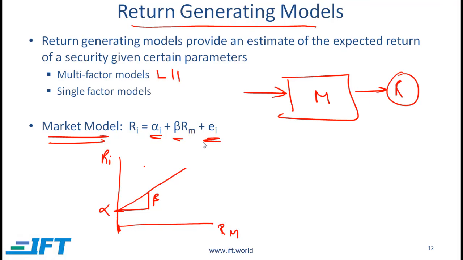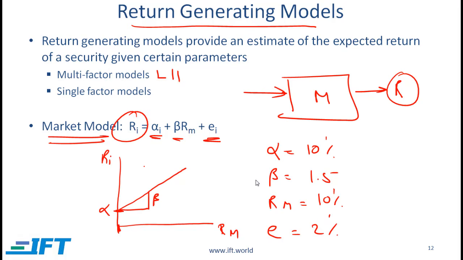If we are given the following data where alpha is 10%, beta is equal to 1.5, let's say that the market return is equal to 10% and E is equal to 2%, then what is Ri? You simply plug and play.